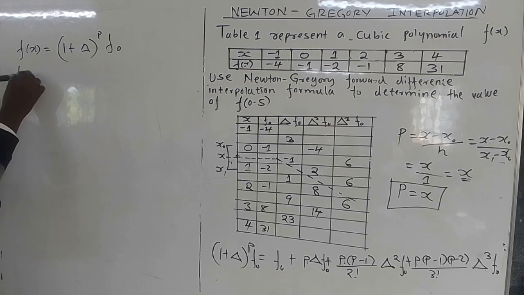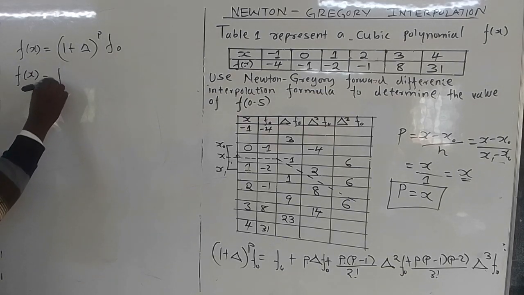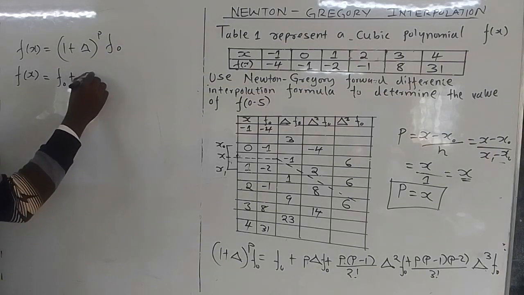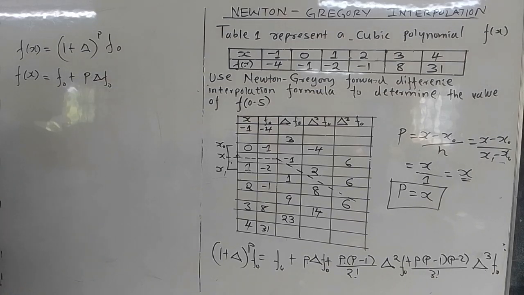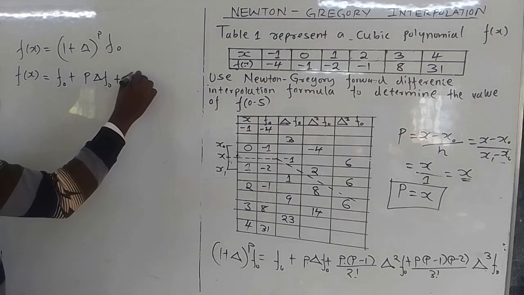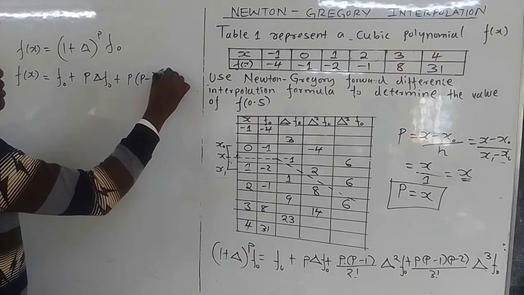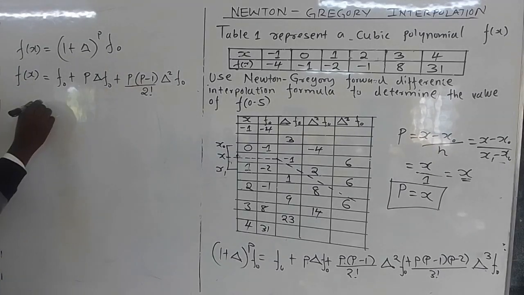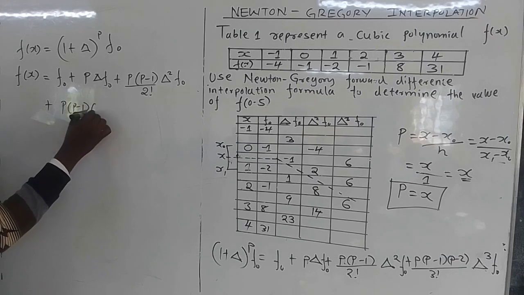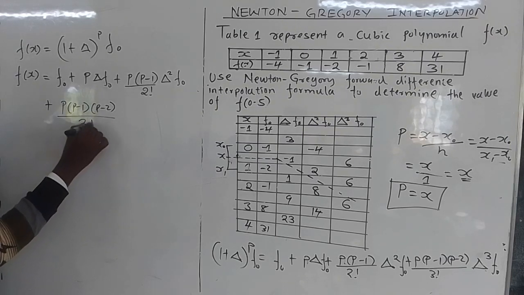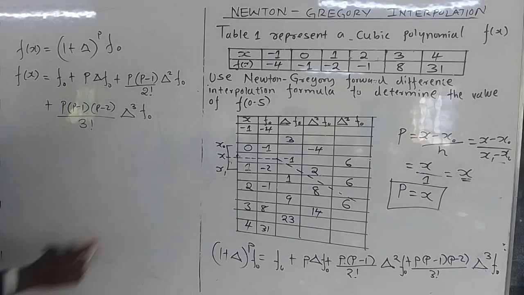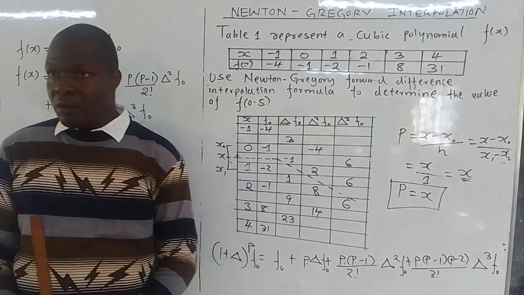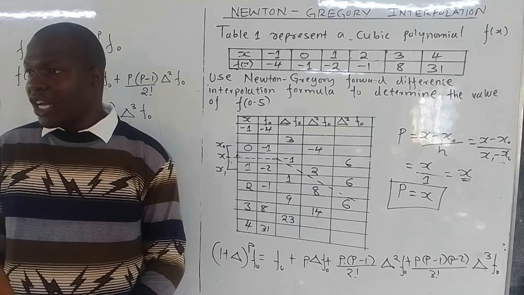And when we've expanded that, f of x is f naught plus p delta f naught, then plus p into p minus 1 delta squared f naught over 2 factorial, then plus p into p minus 1 into p minus 2 delta cube f naught over 3 factorial. We are reaching delta cube because we were told it is a cubic polynomial. Are we together there?